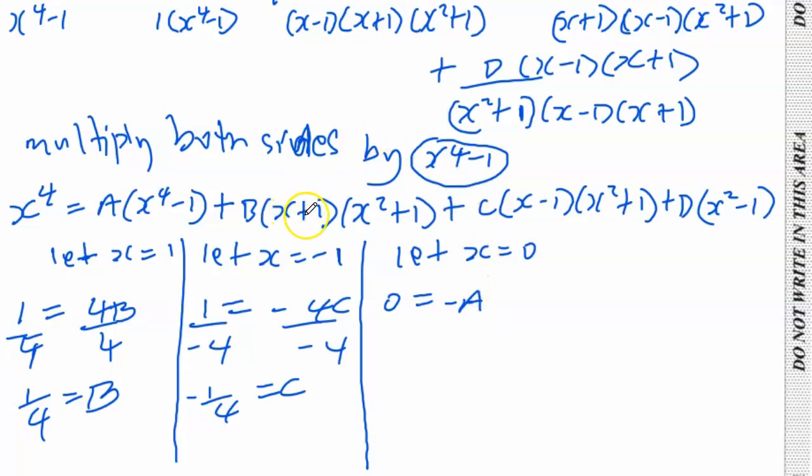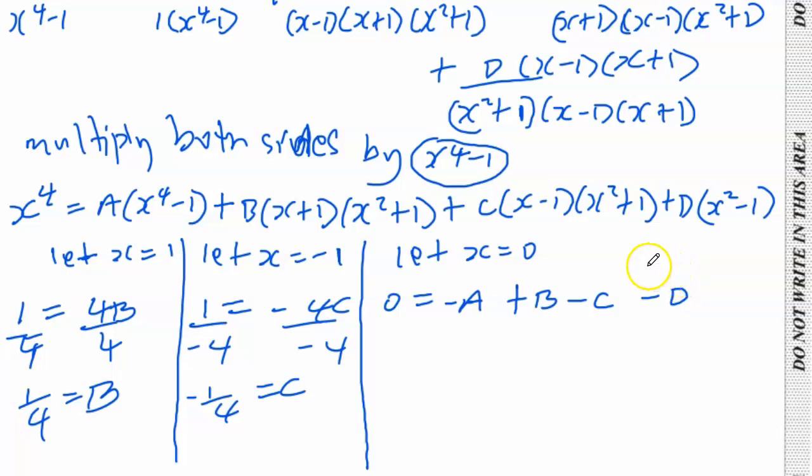For the b term, you'll have 1 times 1, because the first bracket will be 0 plus 1 and the next bracket is 0 plus 1. So 1 times 1, 1, so it's just b. For the c term, it will be minus 1 times 1, which is minus 1c. And for the final d term, if x is 0, you have 0 minus 1, so that's minus d.